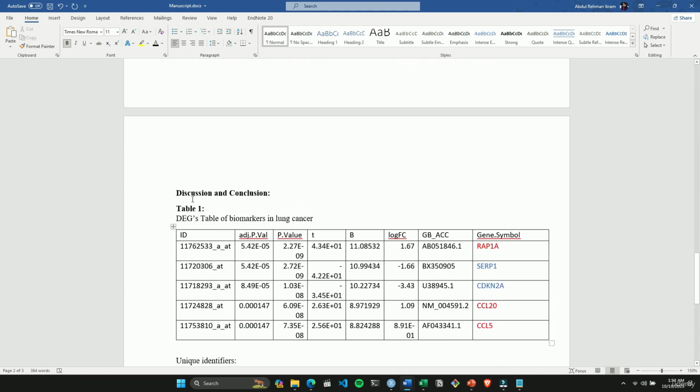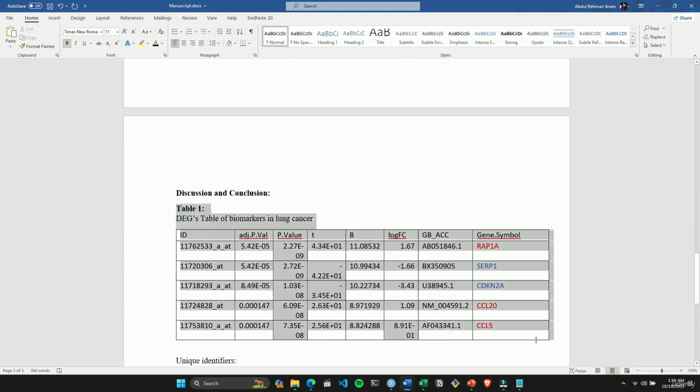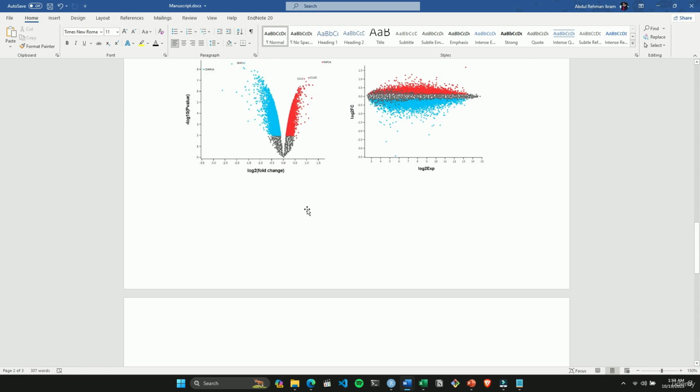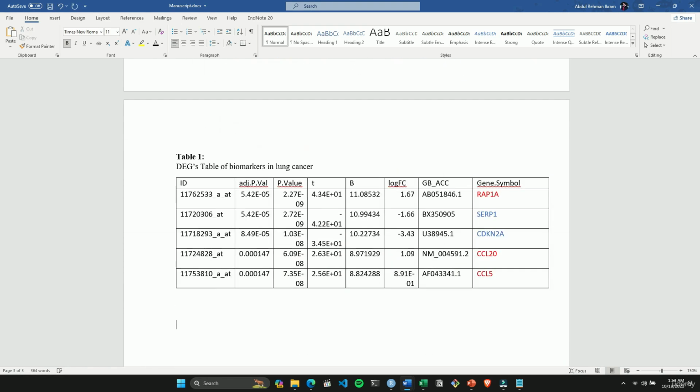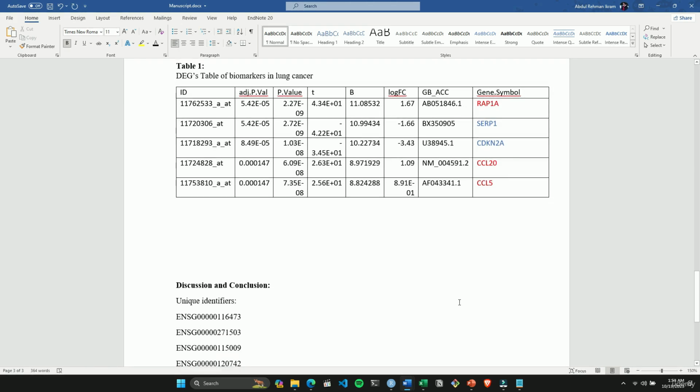Then we will add the table in this section as well, showing the DEGs that we have identified. Then you will move to 2.3, 2.4, 2.5 and things like that.